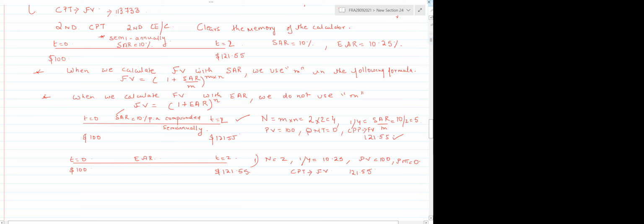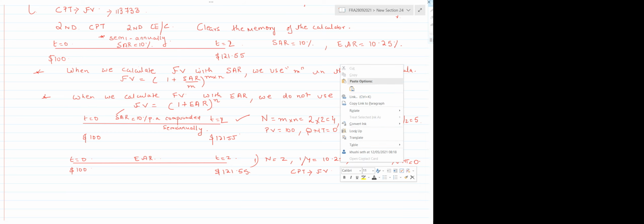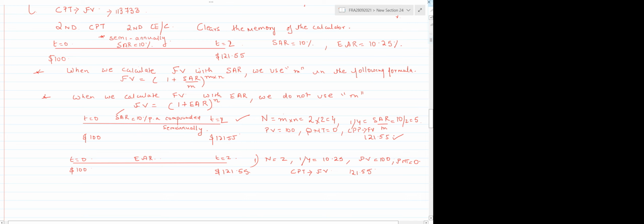So, guys, when we are calculating the future value with my effective annual rate, we do not use M. This is not given in any book that you will read on CFA L1. Whenever you use effective annual rate to calculate your future value, you do not use the number of compoundings within a year.